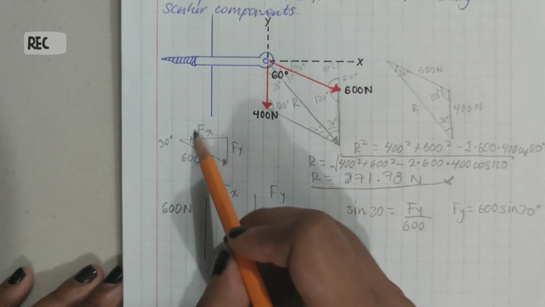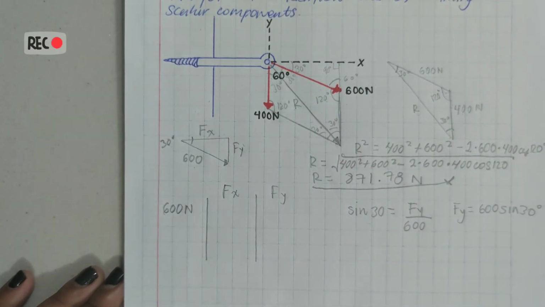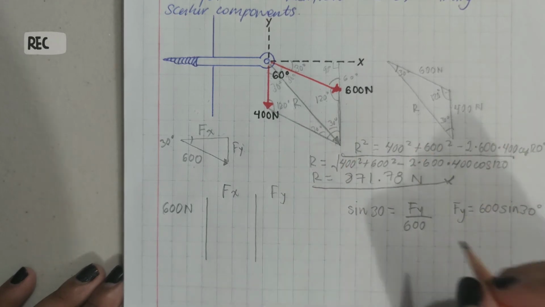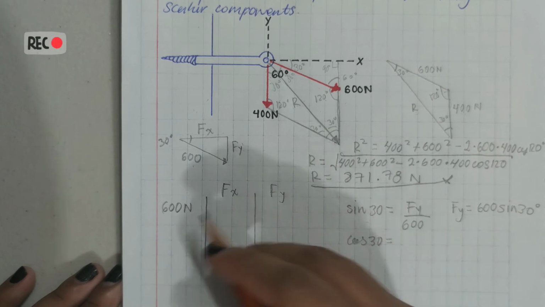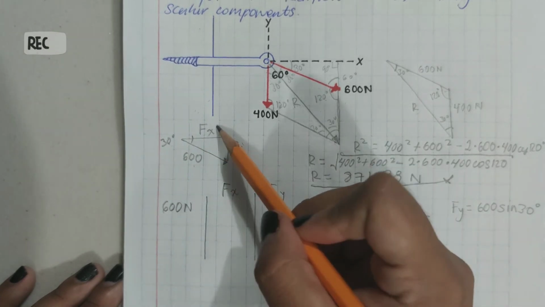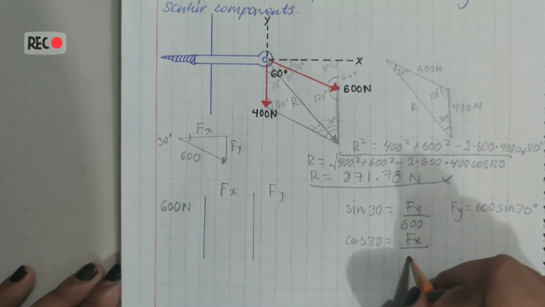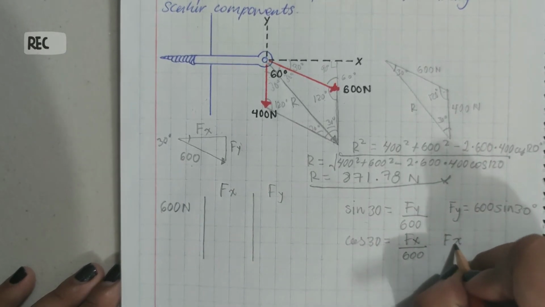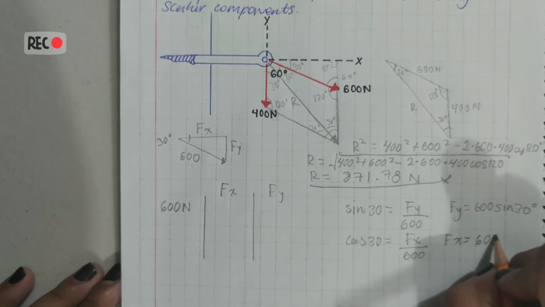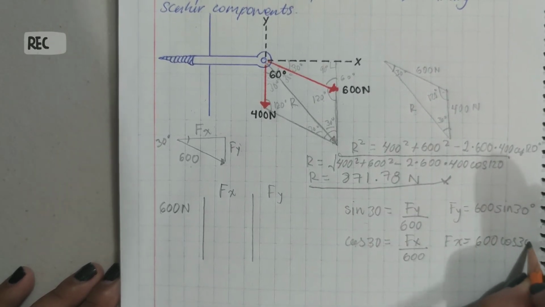And for the Fx component, we can use the cosine function: the cosine of 30 degrees is equal to the adjacent leg divided by the magnitude of the hypotenuse. So Fx is equal to 600 multiplied by cosine of 30 degrees.